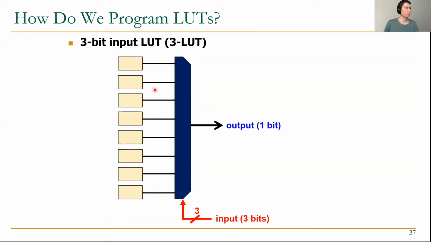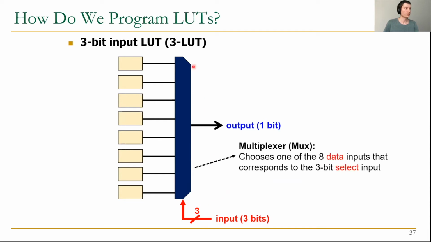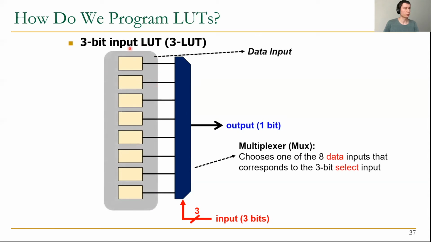If this was a 2-bit input lookup table, then we would have only 4 of those storage bits, and 2 bits over here at the bottom. And this blue thing over here is what we call a multiplexer. It chooses one of the 8 data inputs that we have over here. This we will refer to as a data input, and this as a select input. On the next slide, I will show you an example where we implement a very simple function and map it to this lookup table.